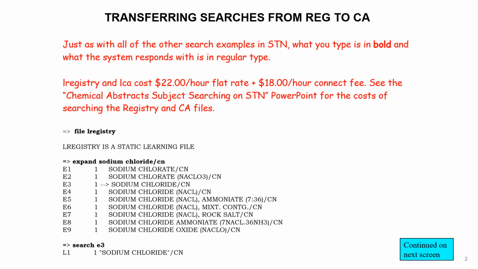The /CN is necessary to tell the system that you were looking for this entry as a complete name. Whenever you enter the name of a substance exactly as it is in the database, it is always the third entry down. You see 2 up in the alphabet and about 9 or 10 down.